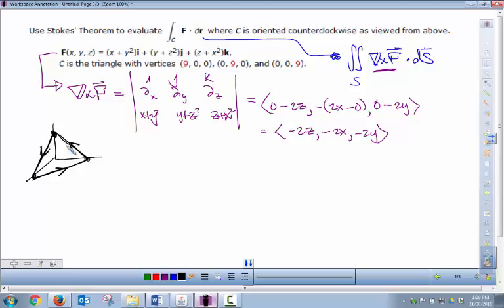So can you guys see a surface here? It looks like a plane would work, right? Boy, it would be really nice if I knew the equation to this plane.